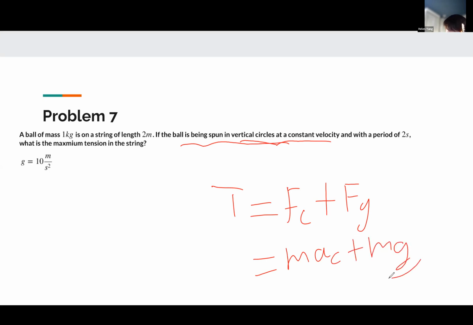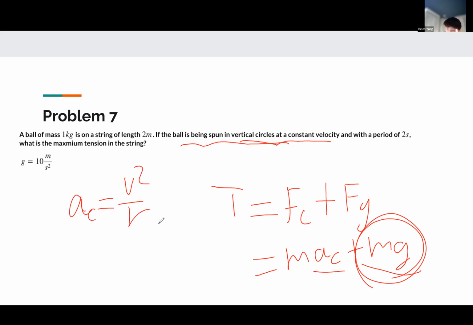So we already know how to find mg. So now we're trying to find the centrifugal acceleration. So AC is equal to v squared over r. So we know that v is equal to 2 pi r times the period.